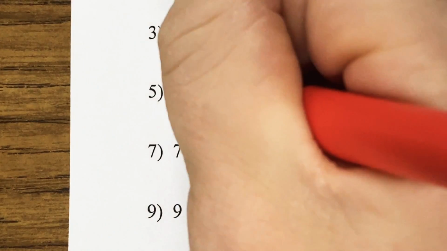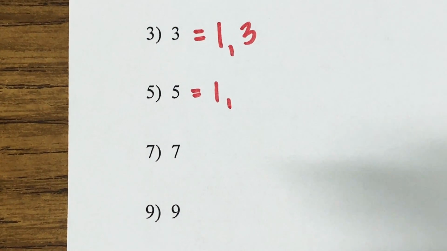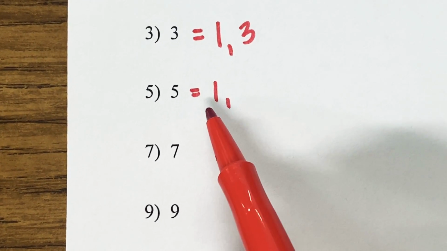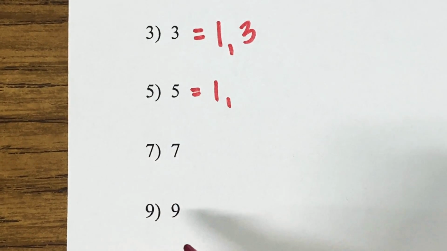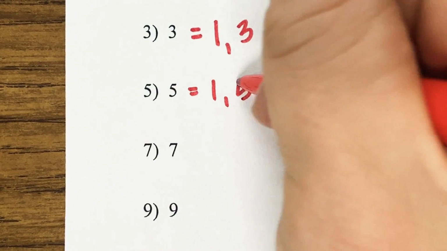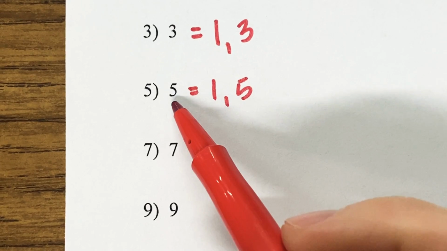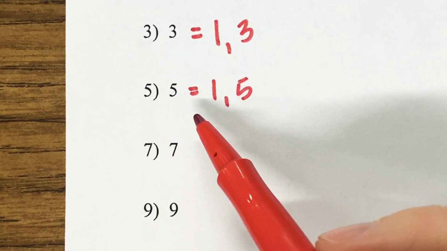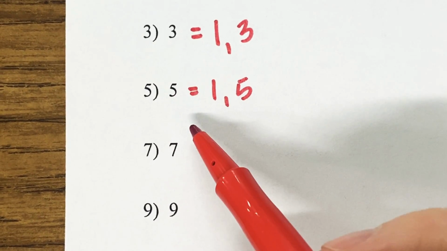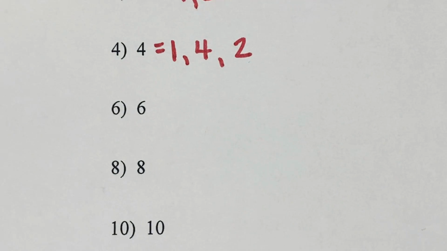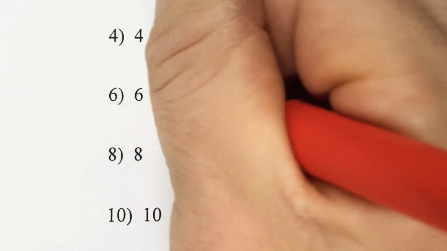Okay, what about 5? We know 1 is a factor. But what is the only thing that can multiply to 5 to give us 5? 5. Okay, is 2 a factor? Nope, we can't multiply anything by 2. 3, no. 4, no. 5, we already have. Okay, what about 6? Okay, let's start with 1.